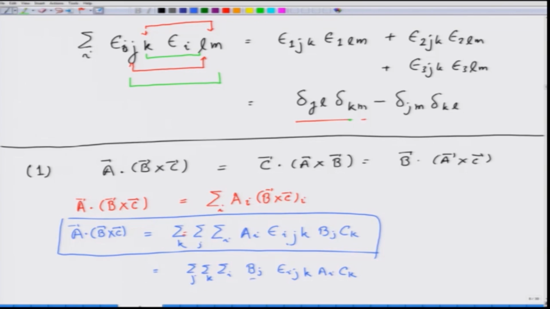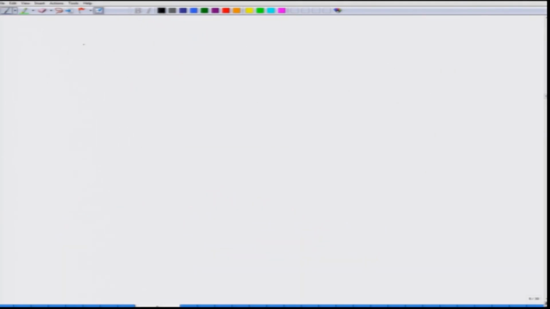So now I will sum over B_j later, and I will first sum over i and k. So, what have we got? A dot B cross C is equal to the summation over j of B_j epsilon_ijk A_i C_k.